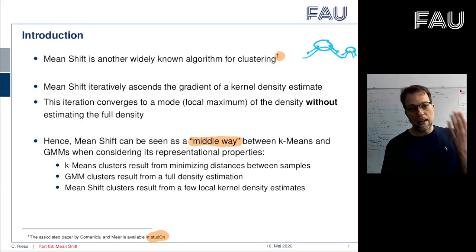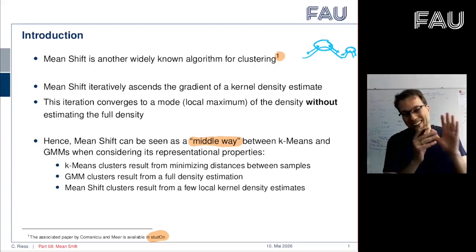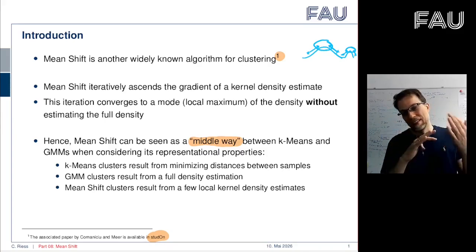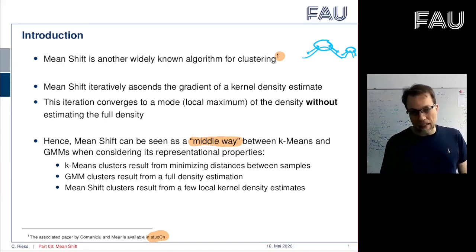We said both k-means and GMM clusters have these responsibilities, but let's assume this view here. K-means clusters result from minimizing distances between samples. GMM clusters result from a full density estimation, you could say, a parametric density estimation. And the mean shift clusters result from a few local kernel density estimates as a gradient ascent step.